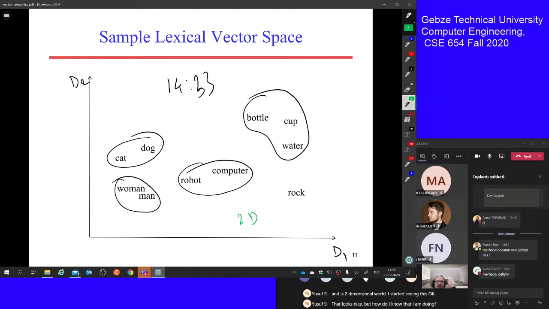By just looking at pictures, nobody's going to believe you. You need to produce some numbers. And the other thing is that you cannot go back and check your data to see if you are doing good or bad. Why? Because this is all unsupervised. Why do I say this is all unsupervised?